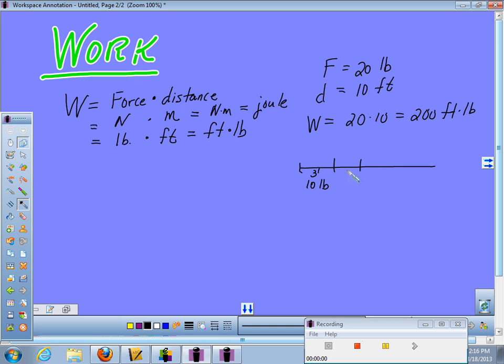And then for the next 2 feet, my force has dropped to 8 pounds. And then for the next 2 feet, it drops down to 6 pounds. My force is varying. If I can come up with a function to represent how that force is changing, I can still find the amount of work done.